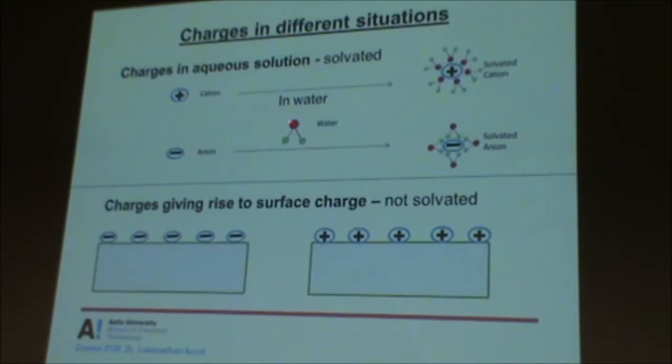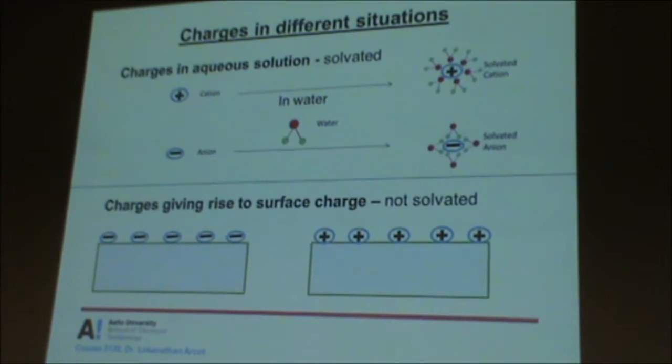Oxygen has a dipole moment which is partially negative, and these two hydrogens have partial positive. So now if you see around a cation, the oxygen is pointing to the cation, because the oxygen is slightly negatively charged. And here it's the opposite, it's the hydrogens that are pointing. So now depending on the anion or cation, the number of solvent molecules surrounding each ion changes, and the orientation of solvent molecules changes.